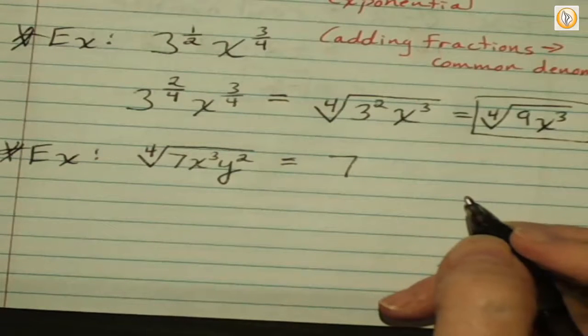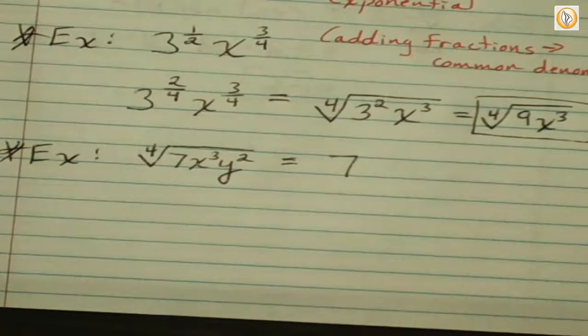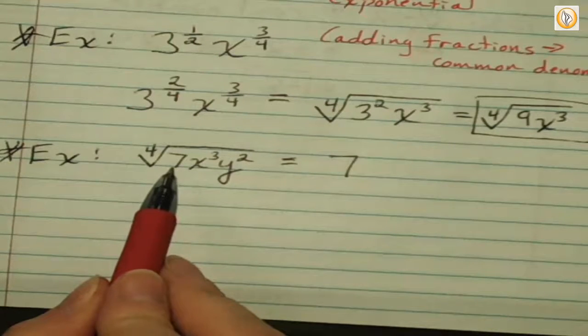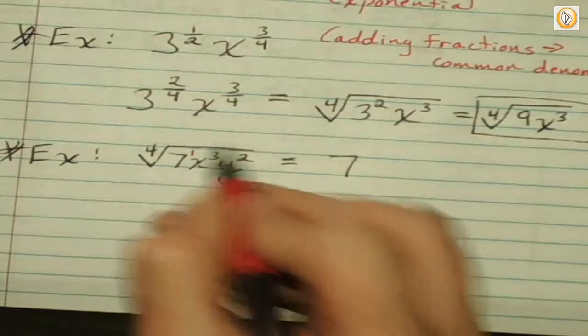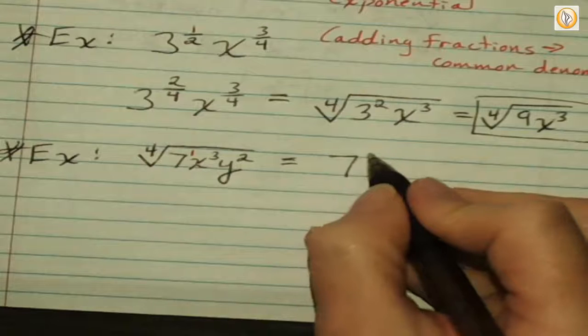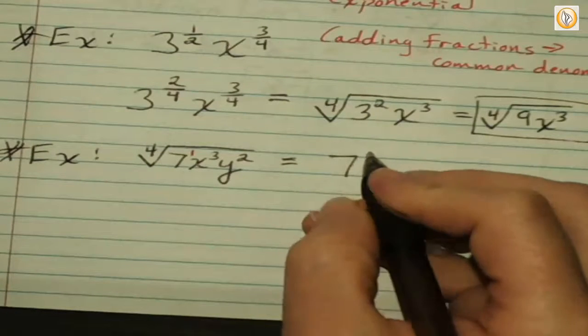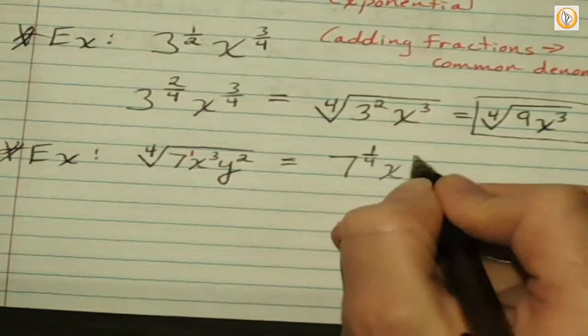Where did you get the 3? No, 7x. Do I have an exponent for 7? Oh no. What do we pretend is there? 1. That's right. We're going to pretend there's a 1 there. So then what would this be? 7 to the 1 over 4, and x to the 3 over 4.